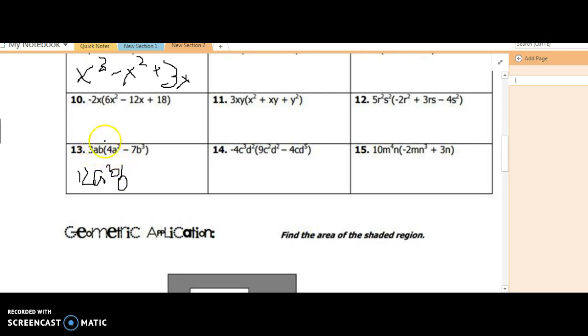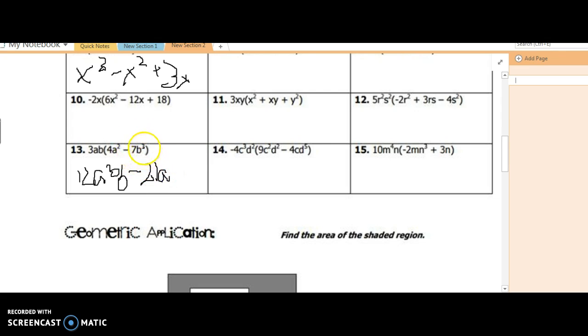All right, then 3ab times negative 7b cubed. 3 times negative 7 is negative 21. A doesn't multiply to anything, so we'll just leave a as itself.